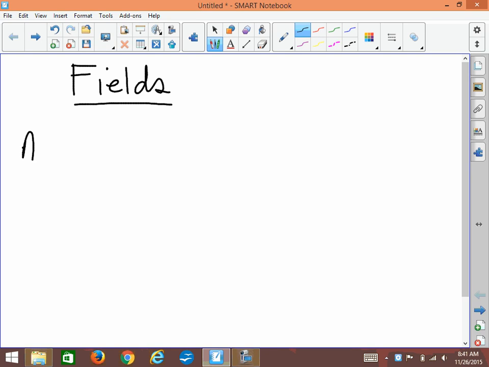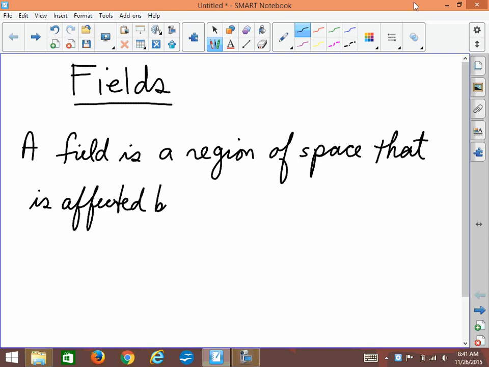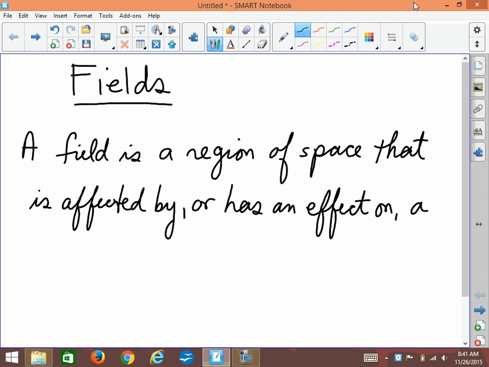So here's what I'm going to define it as, and this is just kind of my own makeshift definition. I suppose there are many different definitions that you could use, but a field is a region of space that is affected by or has an effect on a particular property.